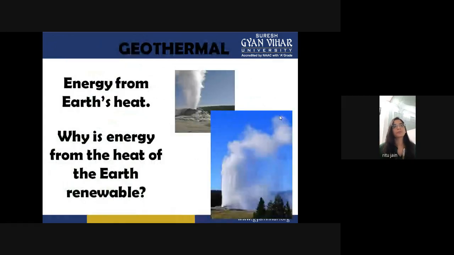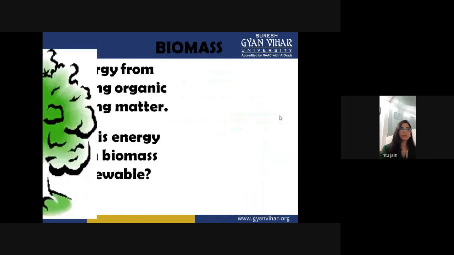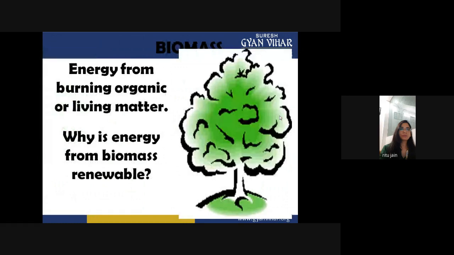Next, we come to geothermal, energy from earth heat. So why is energy from the heat of the earth renewable? Because this is infinite. It will never end. The heat of the earth will never end. In a later slide, I will discuss how electricity is generated from geothermal power plants. Now we come to biomass.